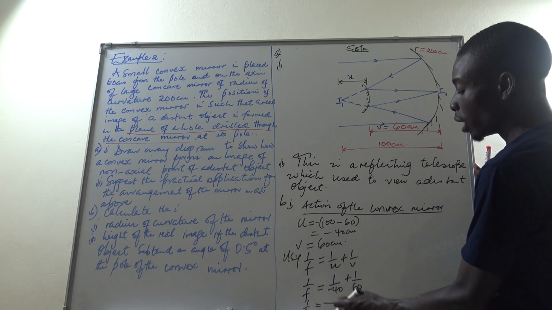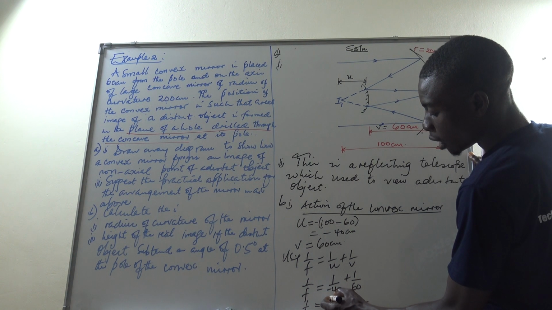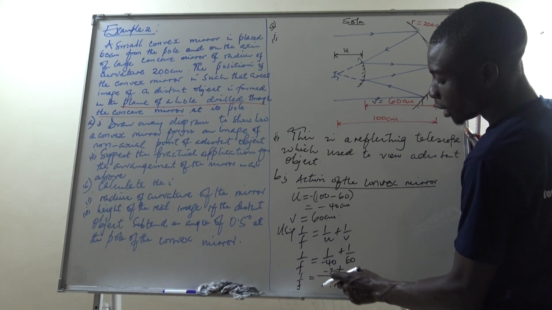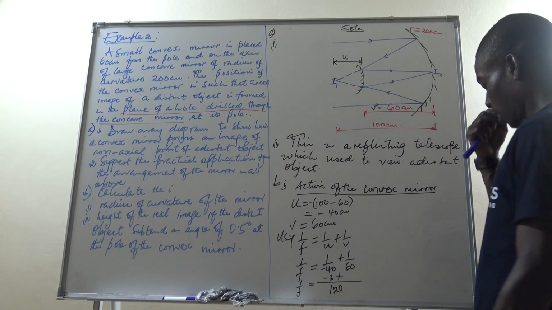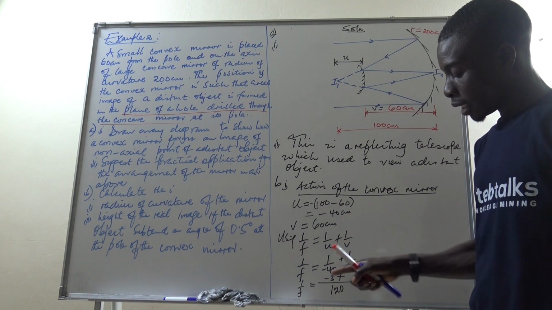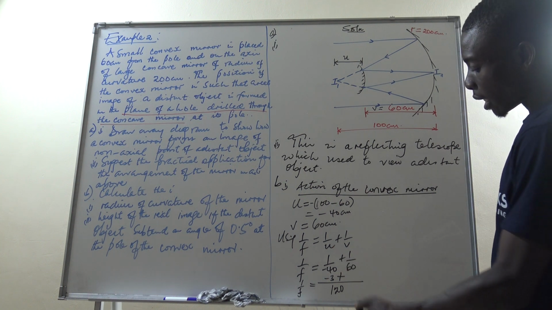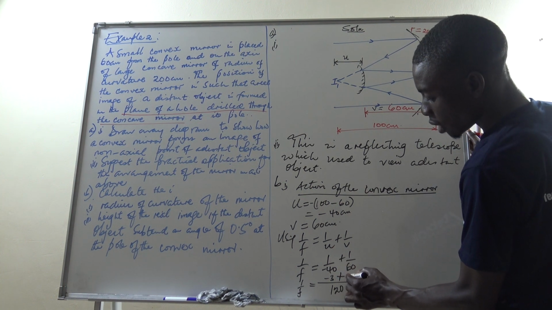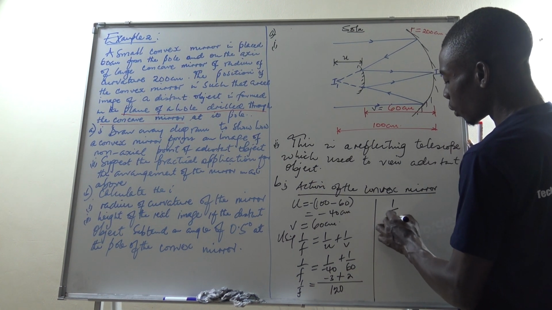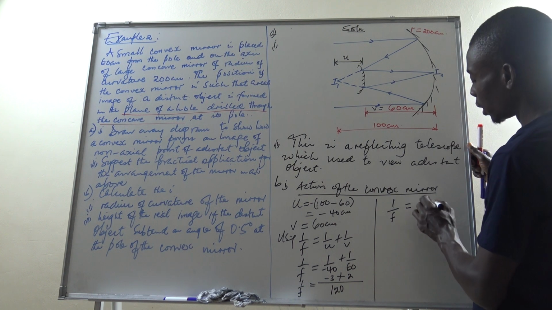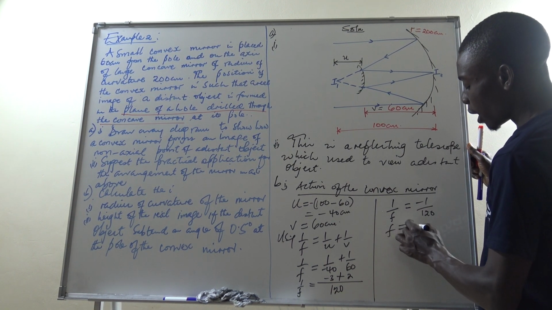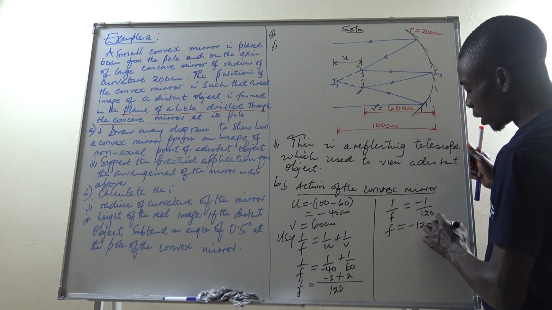So I shall say 120 divided by that will be negative 3, plus 120 divided by that is 2. So that is plus 2. And then we shall now therefore say my 1 out of F equaling to negative 1 out of 120. That means my F is negative 120 centimeter.